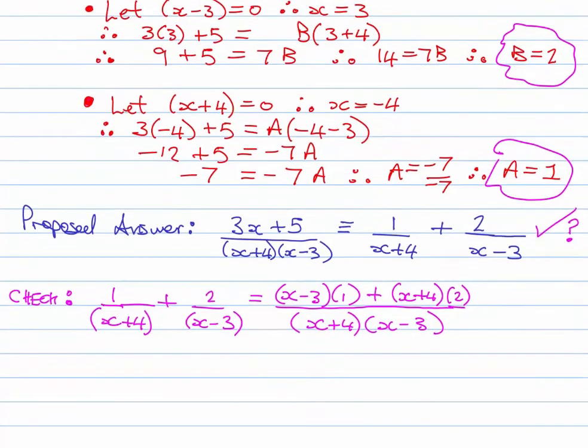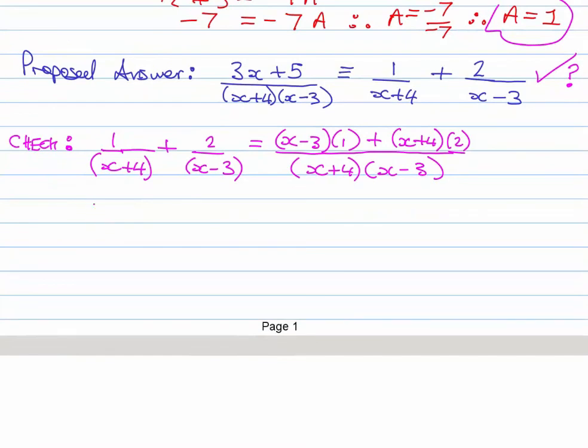Okay, and if we then evaluate all of that, we have, we just change colour for you, so that x times the 1, that gives you x. That minus 3 times the 1 gives you minus 3. And then we have that x times 2, so that gives you plus 2x. We've got that 4 times that 2, gives you 8.